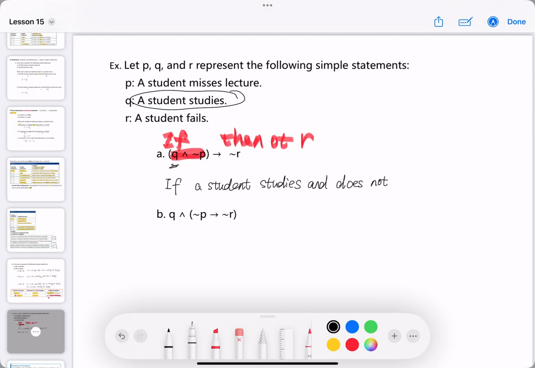Because this is not P, so P is here. Does not miss lecture. Comma. Then the student will not fail.